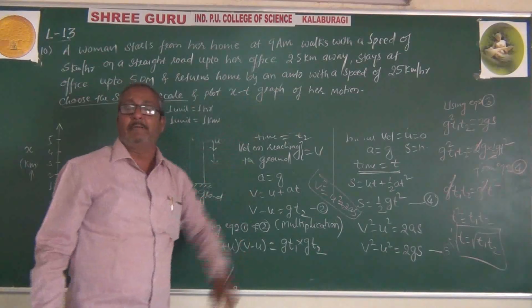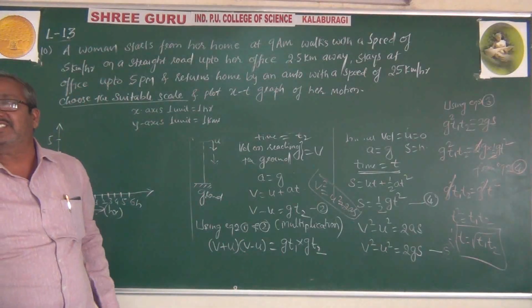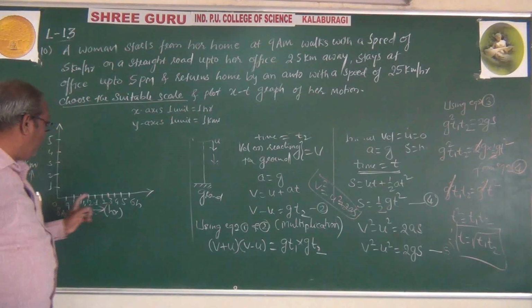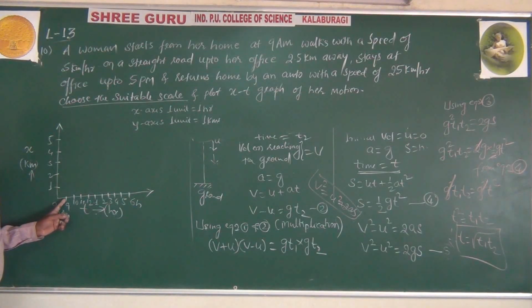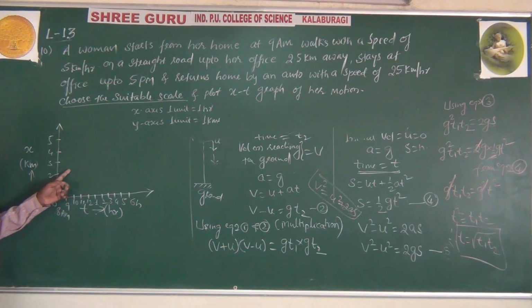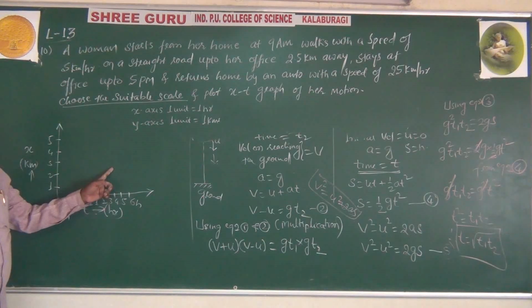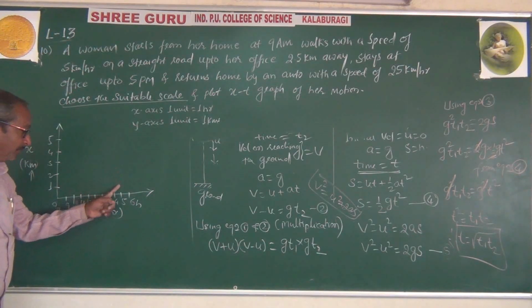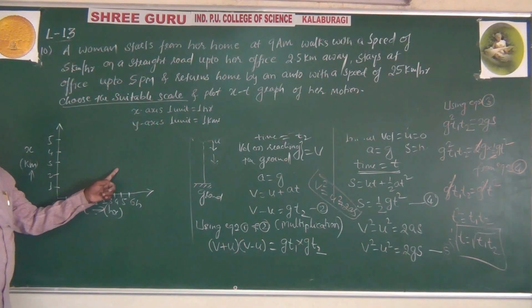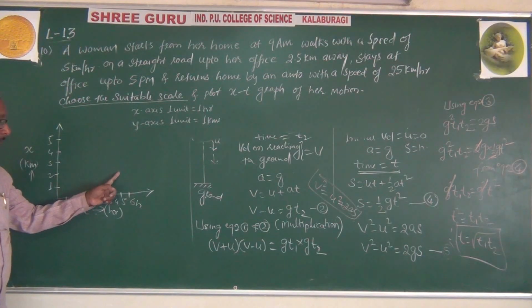2.5 km. Let us calculate how much time it takes to cover 2.5 km. According to that time, 2.5 km position comes here. Then she stays in the office up to 5 p.m. After that again she will come back.